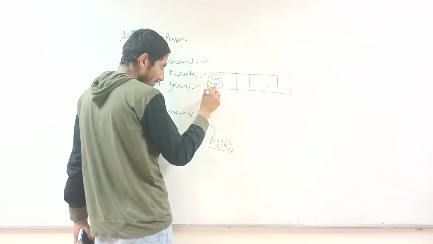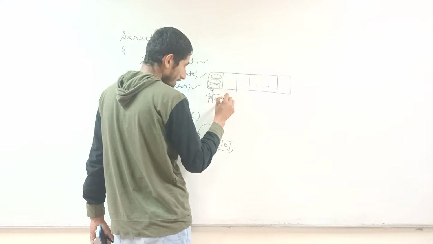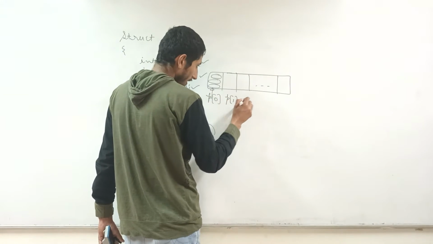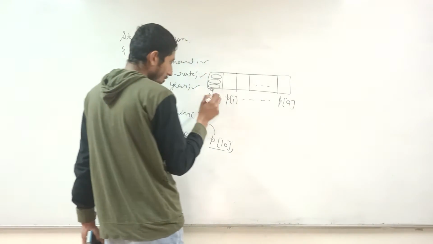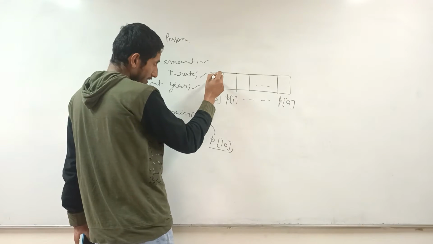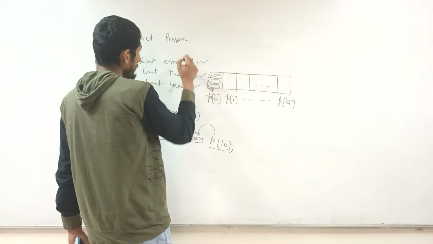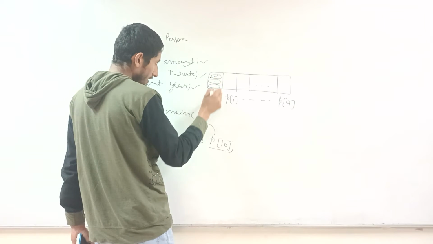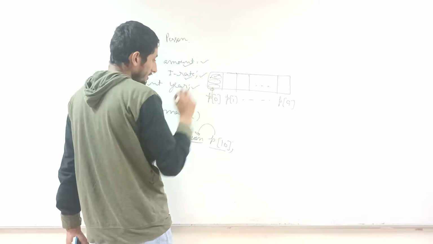The name of the first block is P of 0, then P of 1, and the last one I will get is P of 9. So how can I refer to this block, that is P0 dot amount. This one is P0 dot interest rate. The last one is P0 dot year.